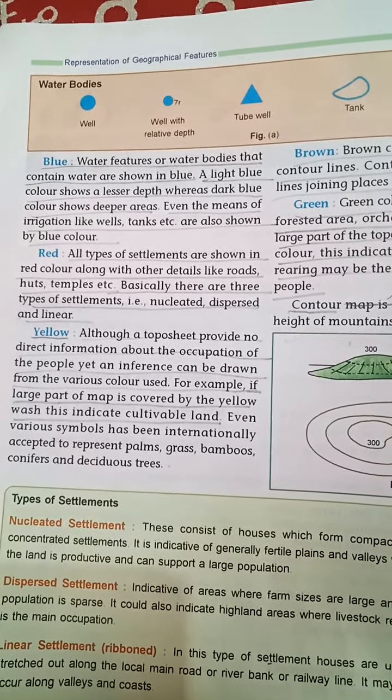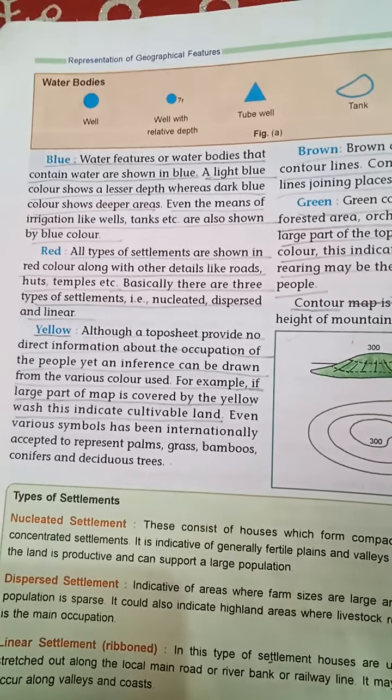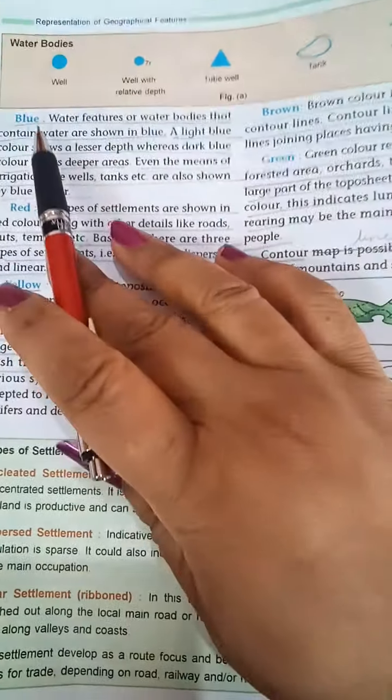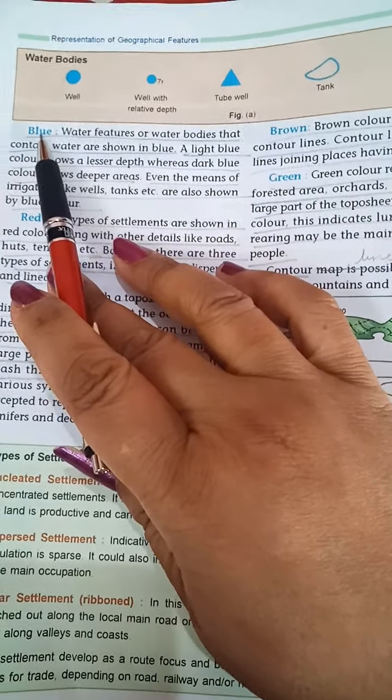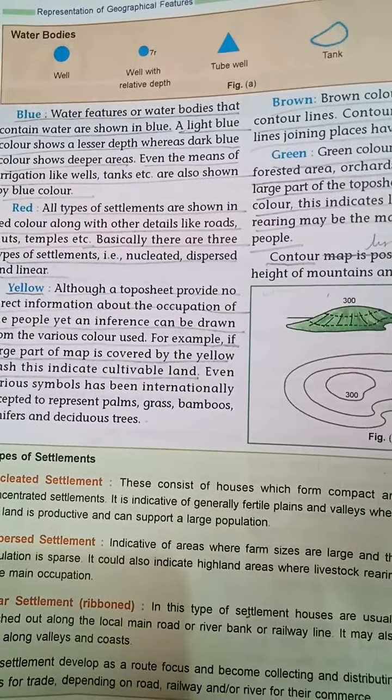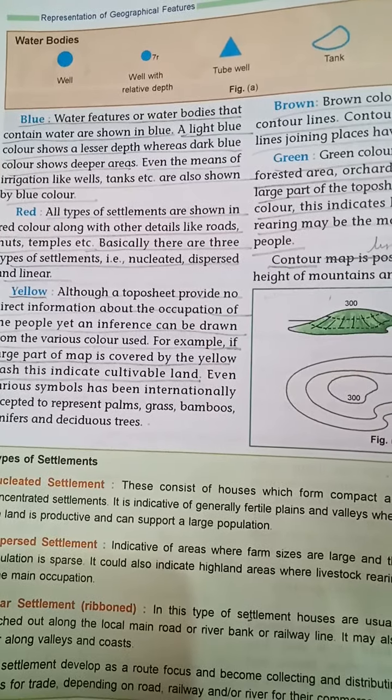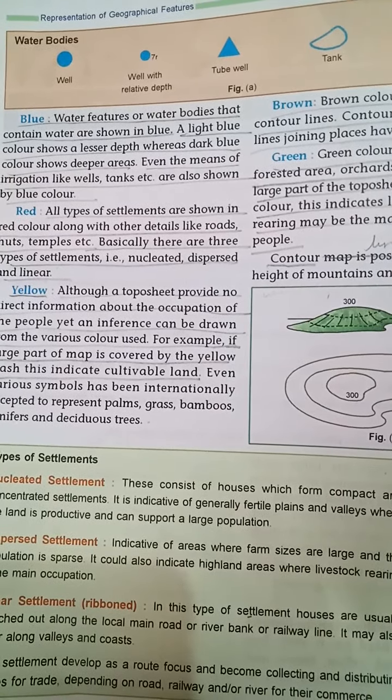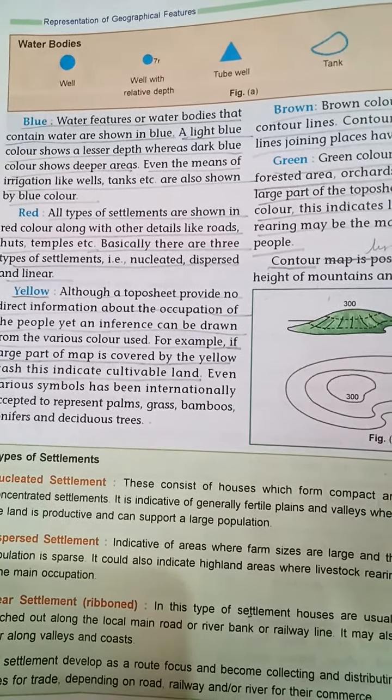Some of our details are as follows. We have blue as the first color. The blue color is used to show all physical features associated with water, such as seas, rivers, ponds, and wells.